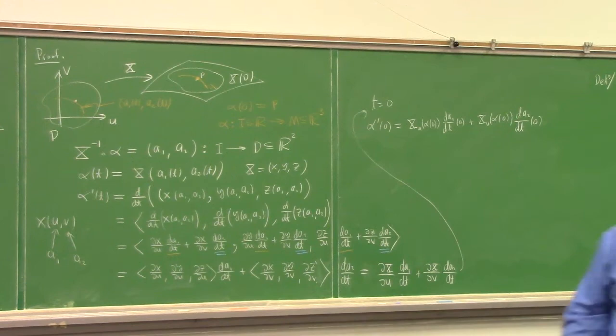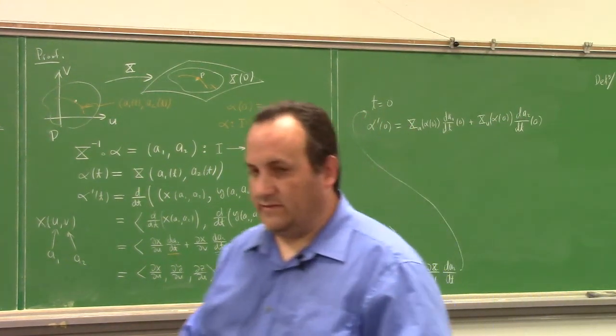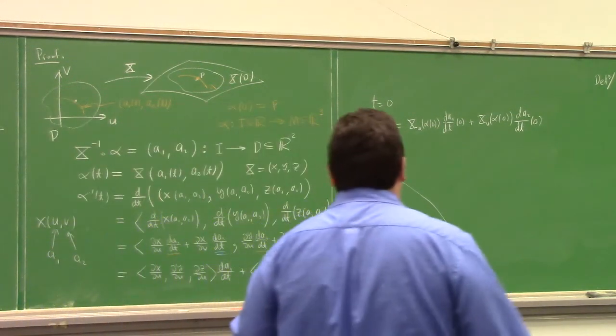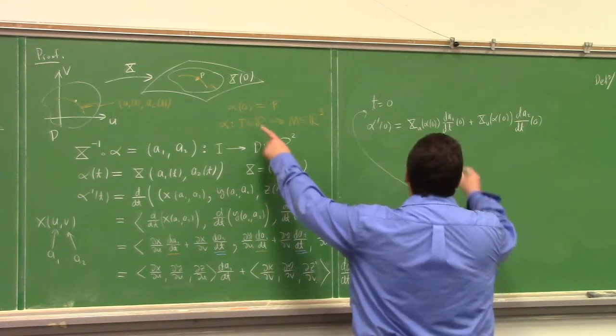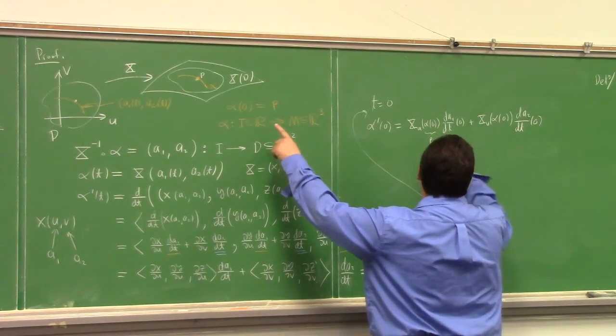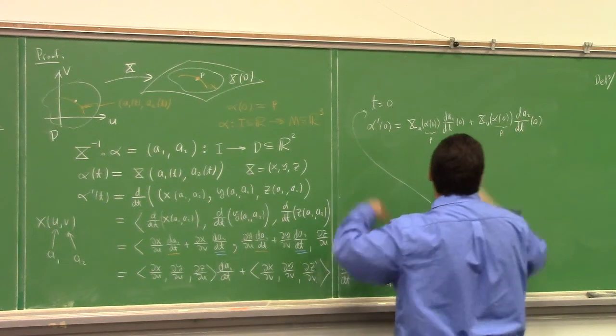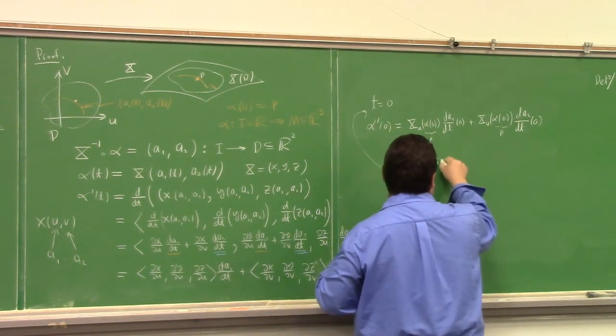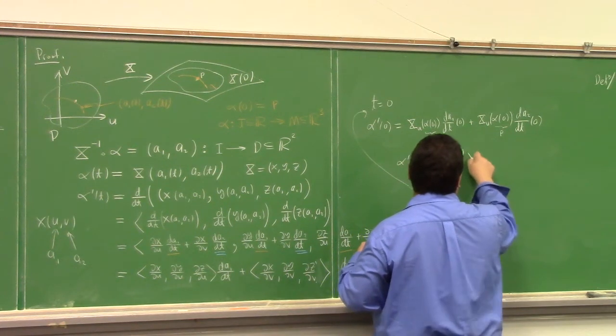Which is to say that the vector is in the span of the partial velocities, right? See that? Remember alpha of 0 is p. So in other words, alpha prime of 0 is an element of the span of X sub U.